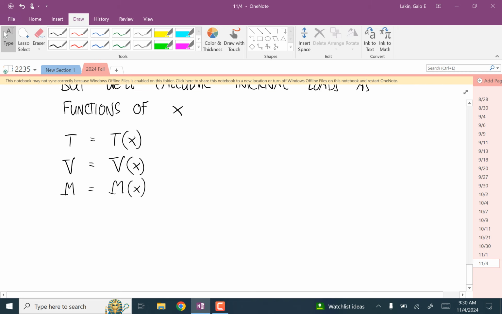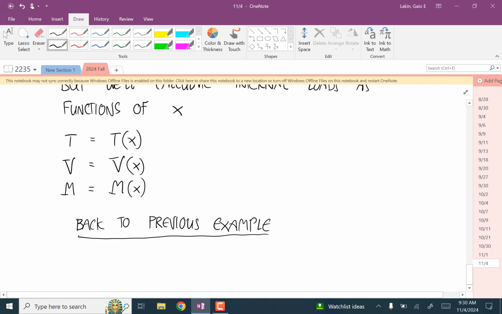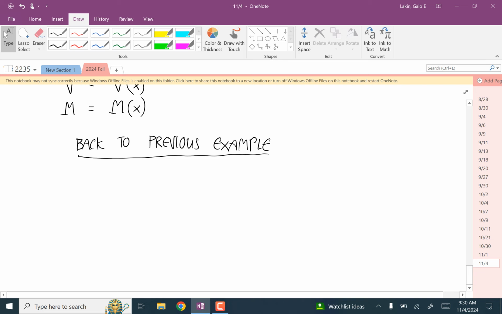And so let's think about the example we just did. So we have this beam that's like this, we have the 500 newtons down, 500 newtons down, 1,000 newtons up.